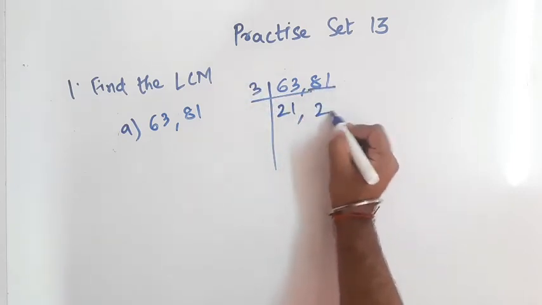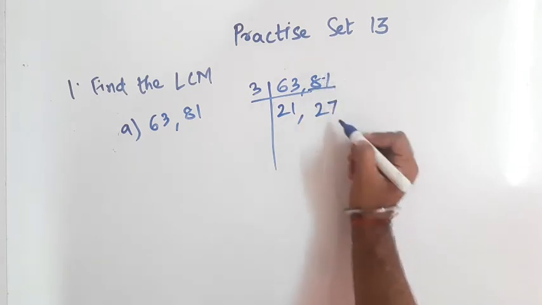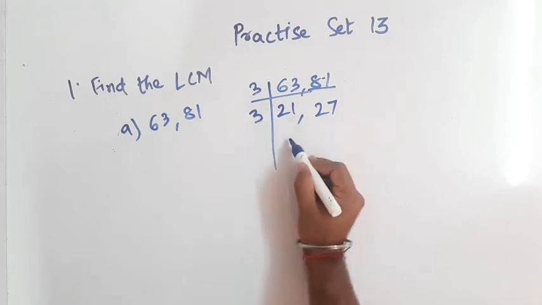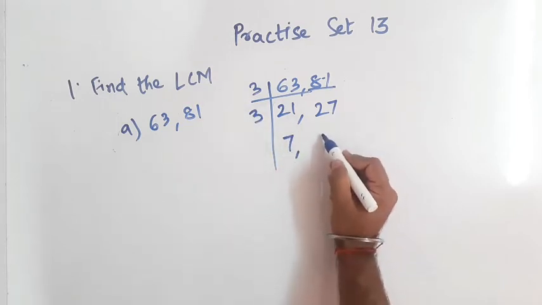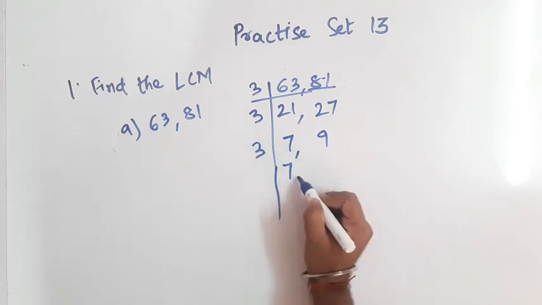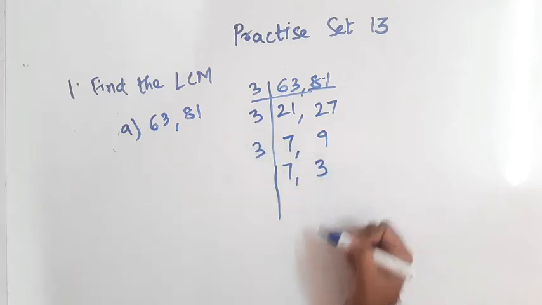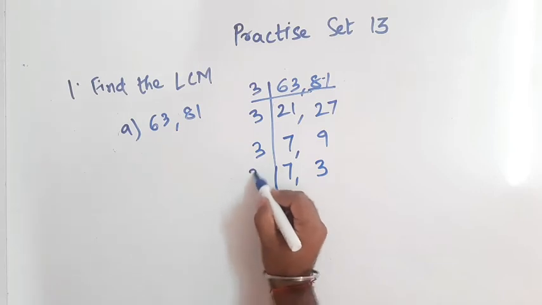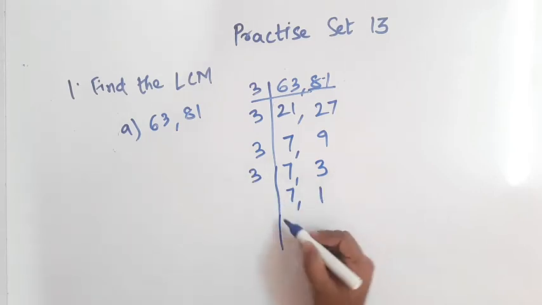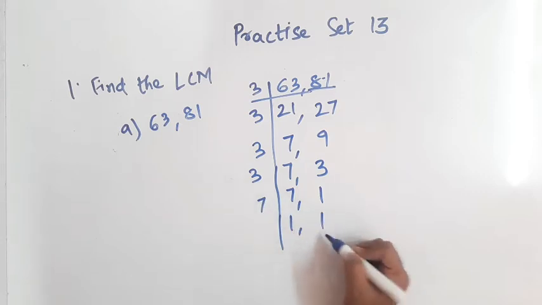This is also 3 2s are 6, 2 remains, 3 7s are 21. Again both are divisible by 3, 3 7s are 21, 3 9s are 27. One number is still divisible by 3, so 3 3s are 9. This is still divisible by 3, 7 as it is, 3 1s are 3. Now 7 1s are 7 and 1s are 1.